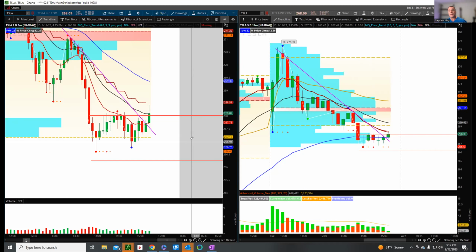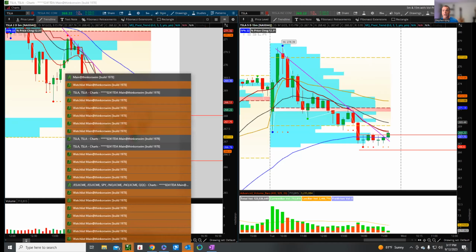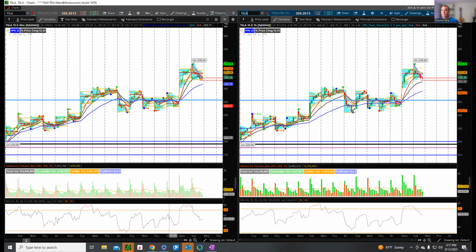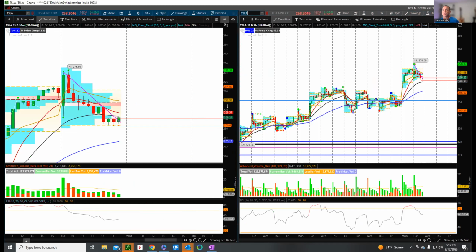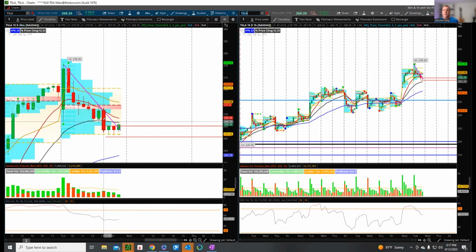So again, looking at the higher time frame is going to give you a better picture of the overall sentiment of price action. Now, we can also go into an even higher time frame. This is the 30-minute. So 1400 happened right in here.